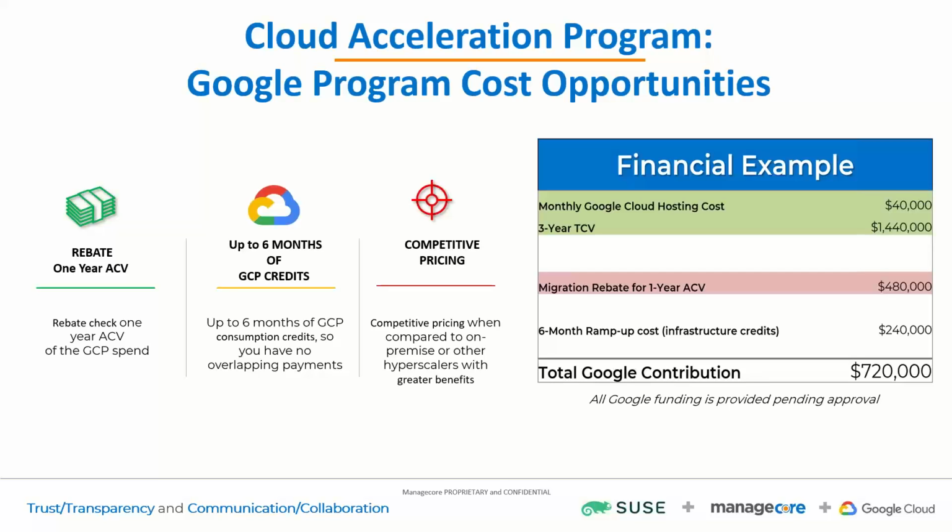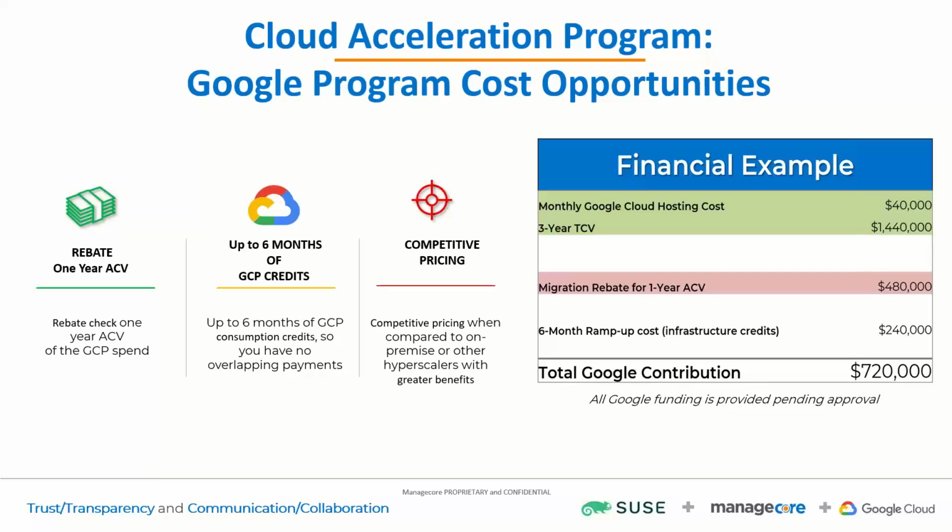So if you're $30,000 a month, you would get 1 year rebate based on the total annual spend and up to 6 months free of GCP credits. Generally, that's enough to, on average, pay for an entire migration into GCP and give you rebates to either discount your monthly spend or even give you several months for free.